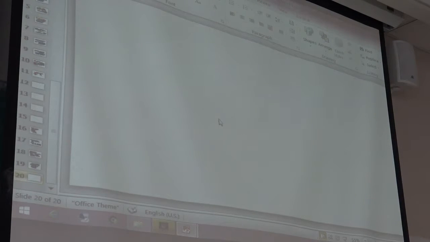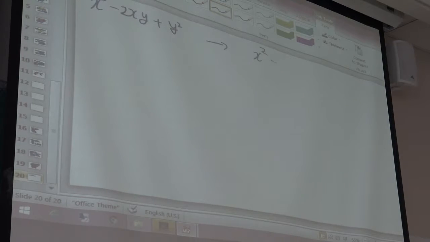So for example, if you want to use the previous method, which is x squared minus 2xy plus y squared, just imagine that y squared is just 1. So imagine this is x squared minus 2x plus 1. Just imagine that y is 1.